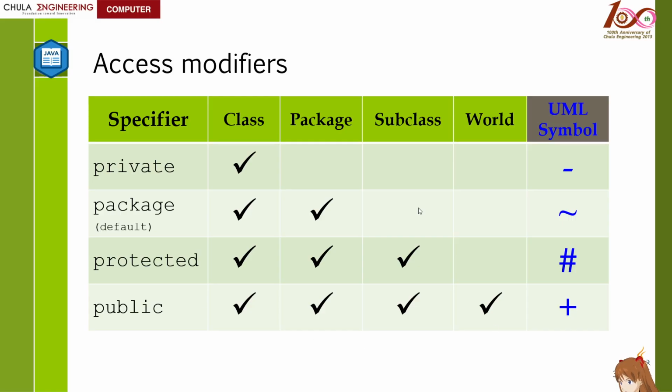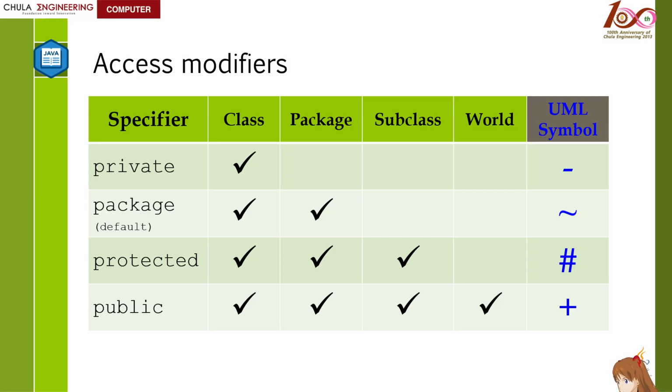Alright, so we have these 4, and apart from being access modifiers for variables, they can be access modifiers for methods and classes. In the UML diagram, the minus sign is for private, the tilde sign is for package access, the hashtag sign is for protected, and the plus sign is for public.